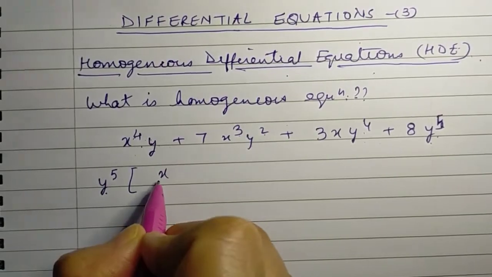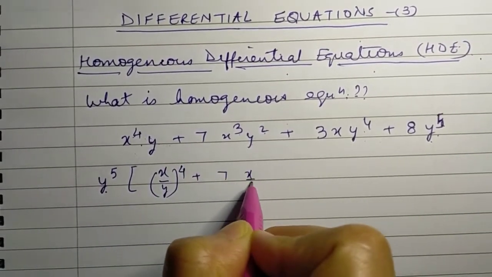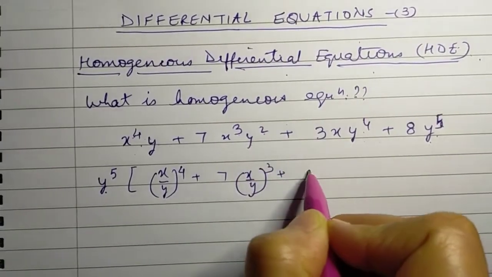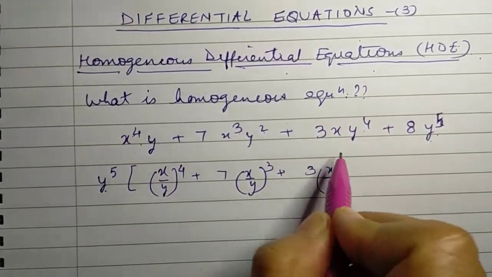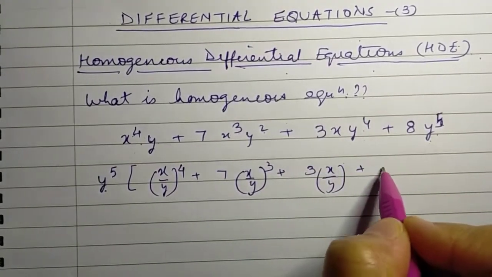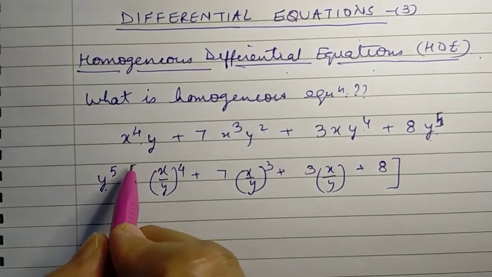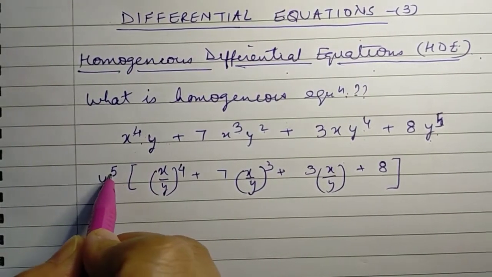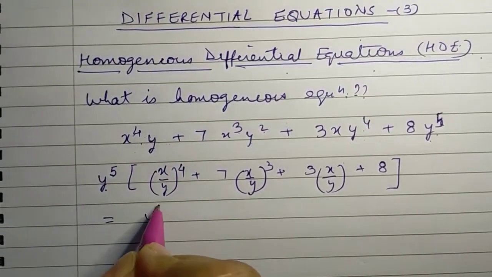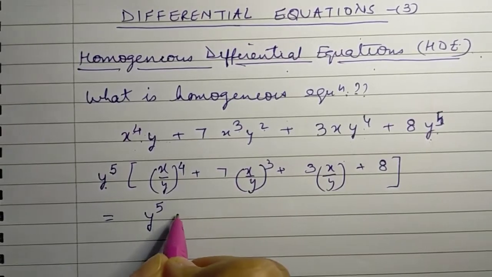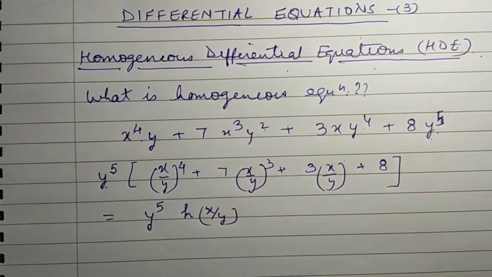What will I be left with? x by y raised to power of 4 plus 7x by y raised to power 3 plus 3x by y raised to the power of 1 plus 8. So what do I observe? That if I am writing this expression by taking y raised to power of 5 common, I get back y raised to power of 5 into some function, let's say h of x by y.